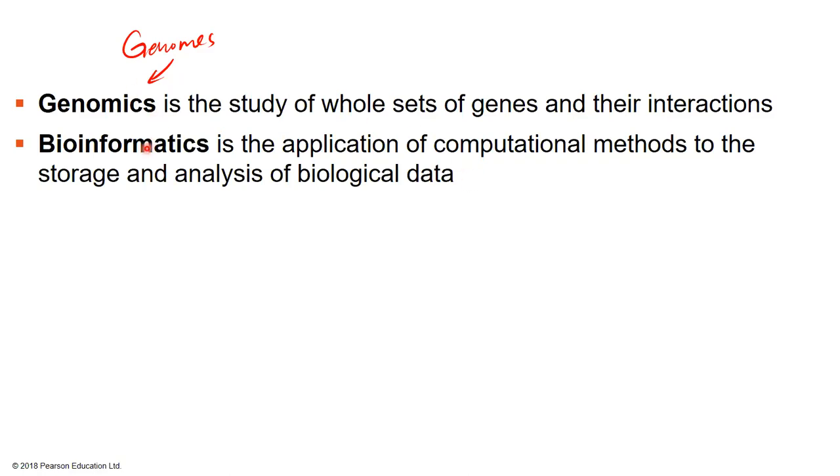And to study genomics, we need to sequence genomes and determine the DNA sequence of genomes and genes. Then we have to rely on another discipline called bioinformatics. So bio is from biology. Informatics is related to computer hardware and software.